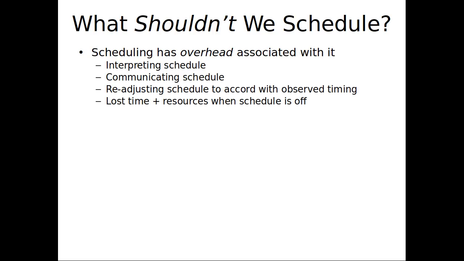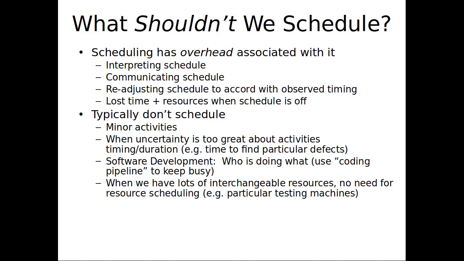It's not ubiquitous. There are many things which we end up not scheduling. Minor activities, coordination, for example, in software development, exactly who is doing what at any one time. There's enough uncertainty about how long tasks will take that, generally speaking, it's not regarded as effective to try to schedule out exactly who's doing what at a given time in software development.